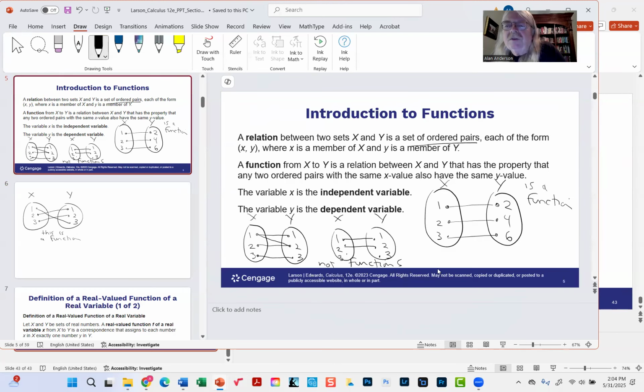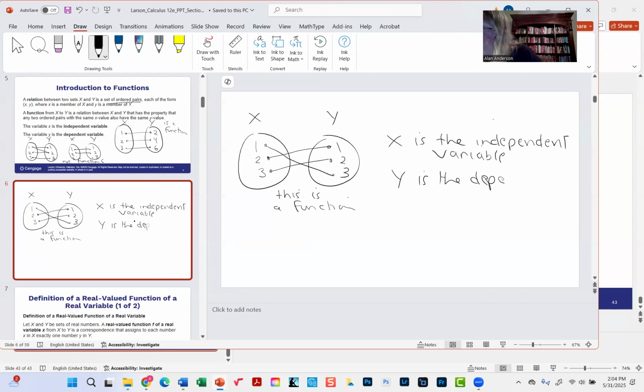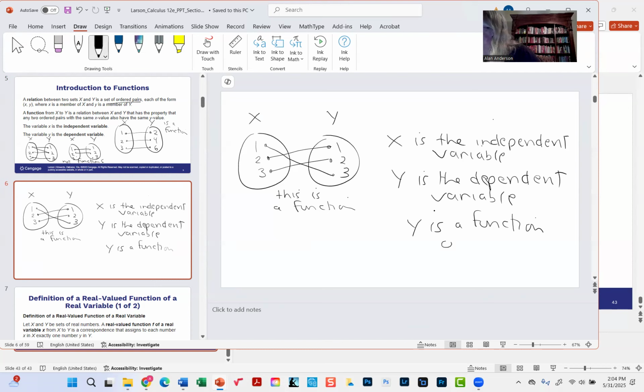Now, of course, I'm sure nobody's forgotten that in these cases, y is defined as the dependent variable, x is the independent variable. So in other words, what that means is that y is a function of x, not the other way around.